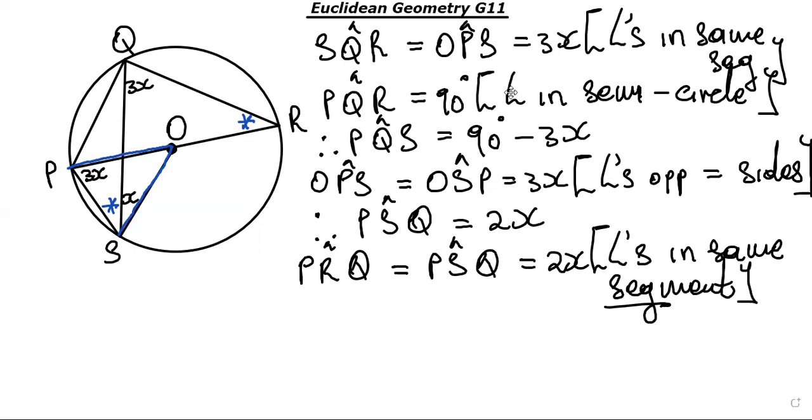Awesome. Now the last question for 2 marks, it says determine the size of angle QPR. So this is Q, this is P, and this is R. So we have to find the size of this angle.